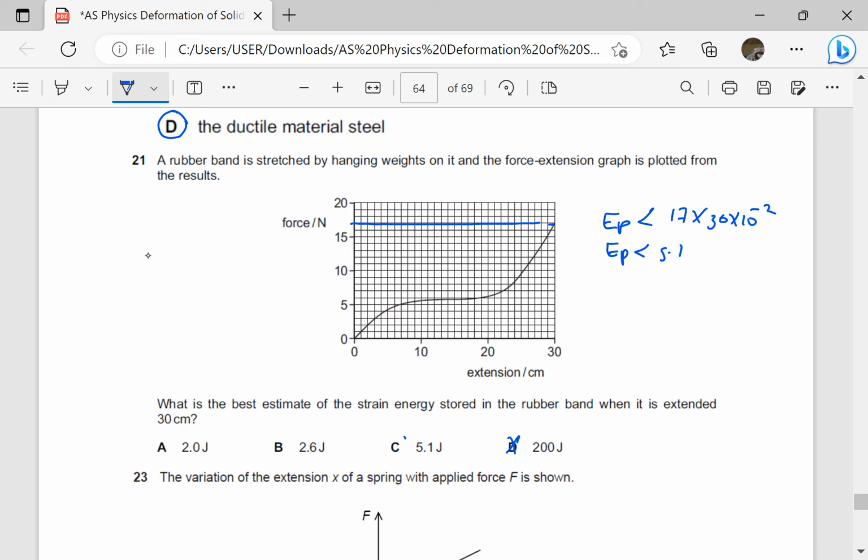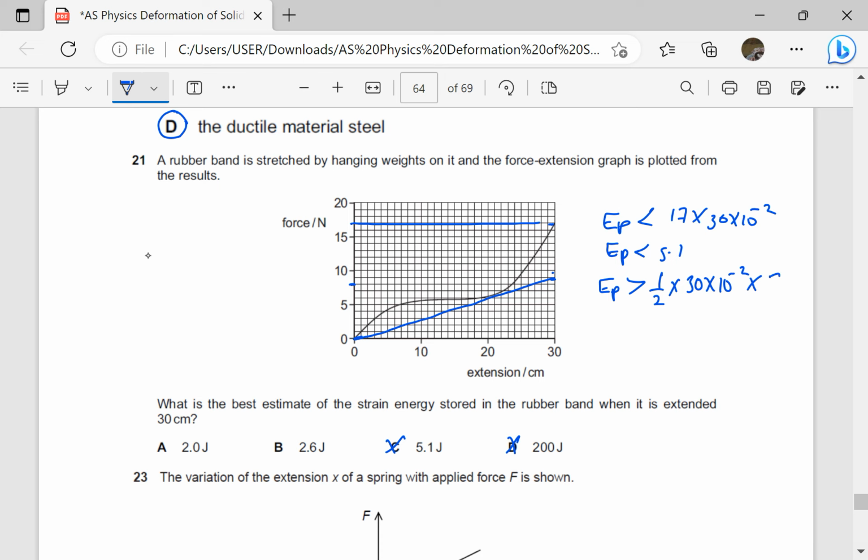So D and C are wrong. Then I also drew another triangle here inside. I drew a triangle inside here, and I say the elastic potential energy must be greater than the area of this triangle here. So it must be greater than a half times 30 times 10 power negative 2 times, this is 6, 7, 8.